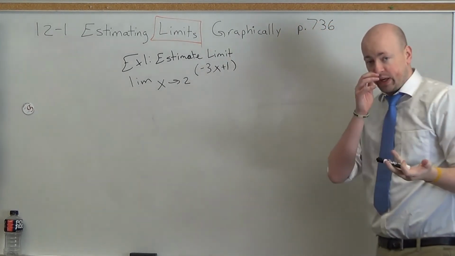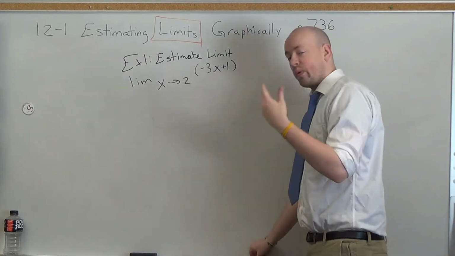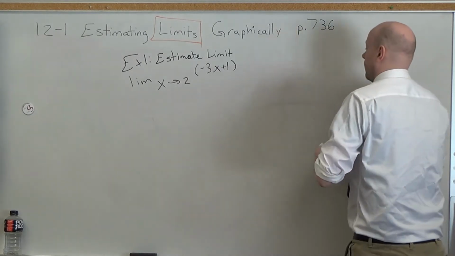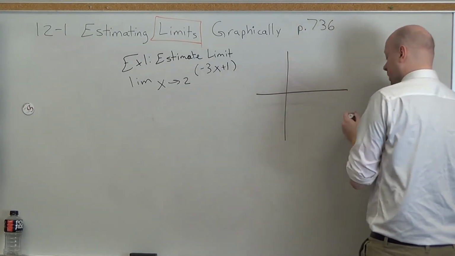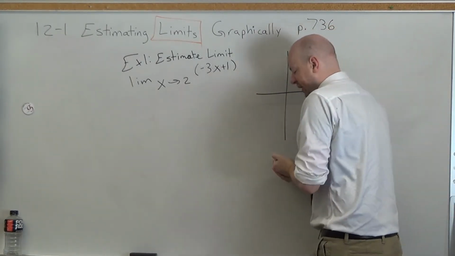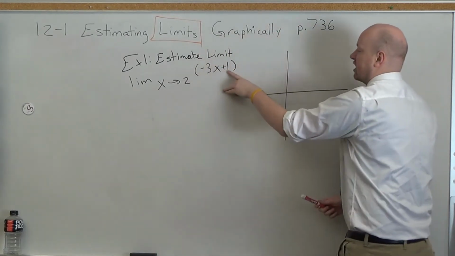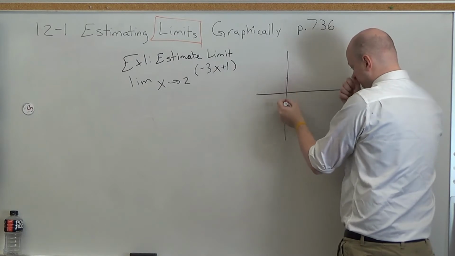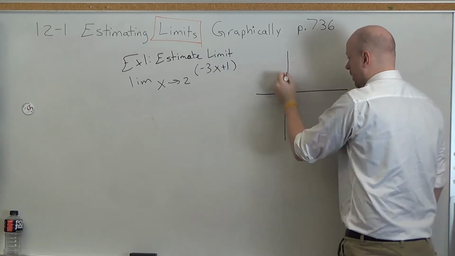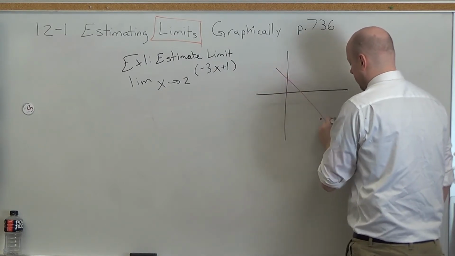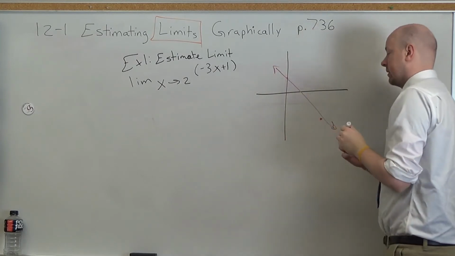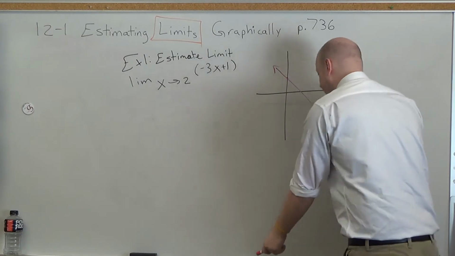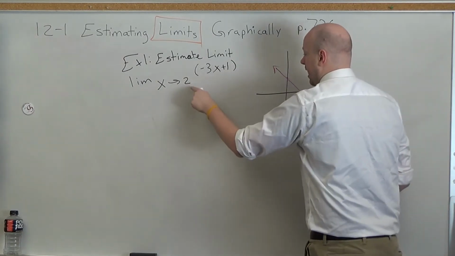Now there are two ways we can do that. We can do it graphically, so I can draw a graph. Negative 3x plus 1 is in slope-intercept form, so we can just draw that. My intercept would be 1, and I would have a slope of negative 3, so 1, 2, 3, over. My graph would be something like this. And I can estimate graphically at the x is 2 mark.